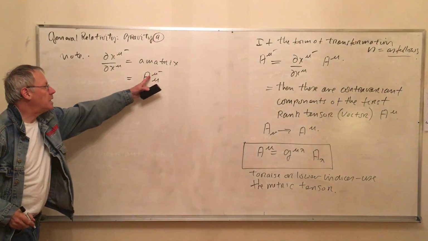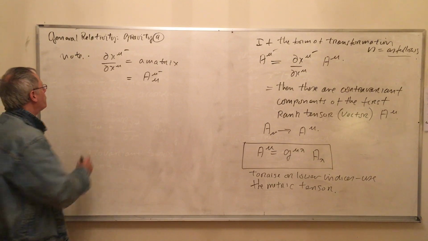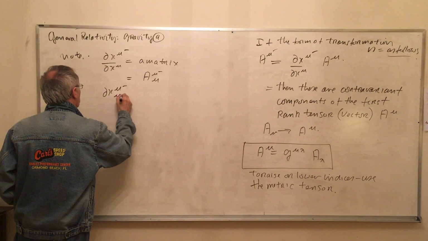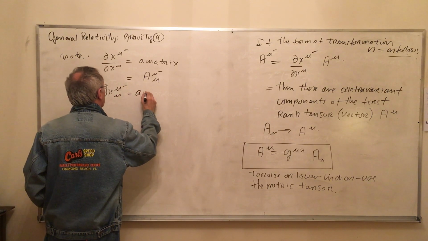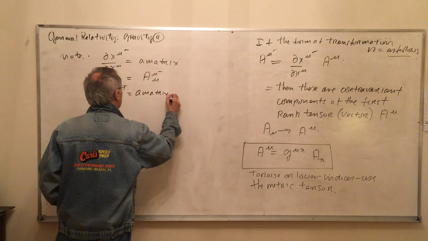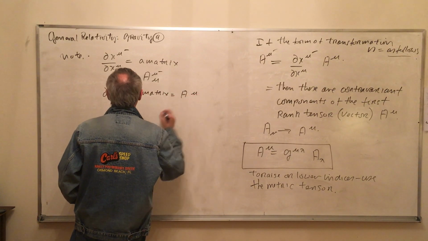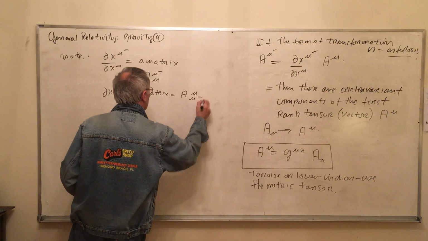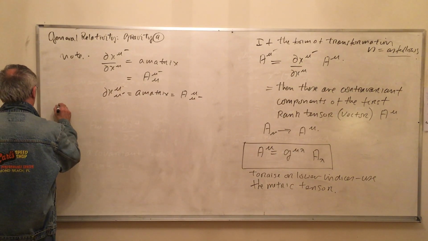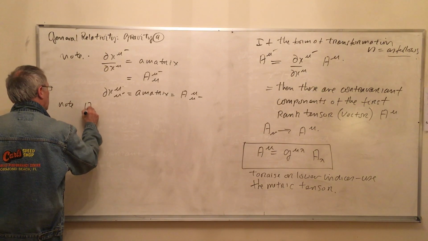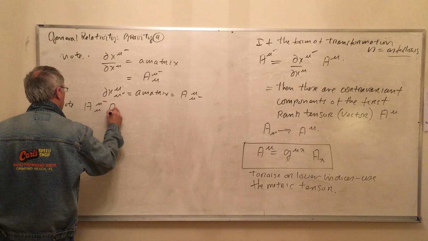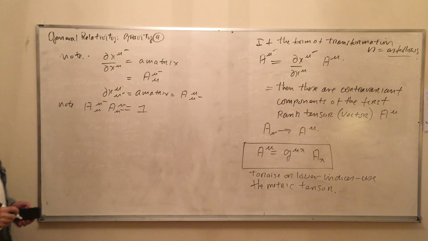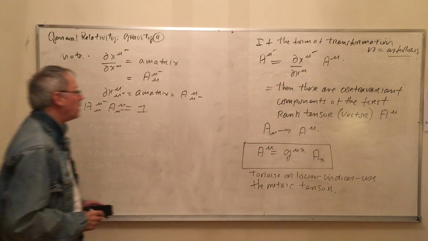This is a matrix with indices mu and mu dash. Okay? And this is also a matrix. We can show that one is the inverse of the other.